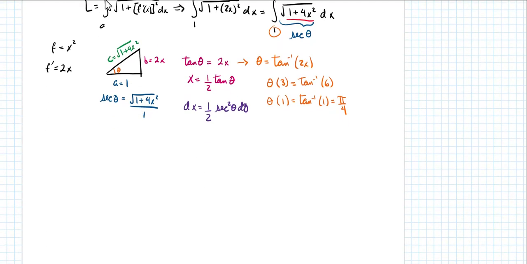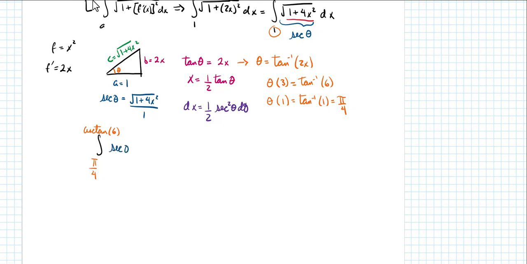So substituting everything now into our integral, we're going to have the integral going from pi over 4 to the arctan of 6. And what's the integrand? Well, we said that the square root of 1 plus 4x squared was the same thing as secant theta.